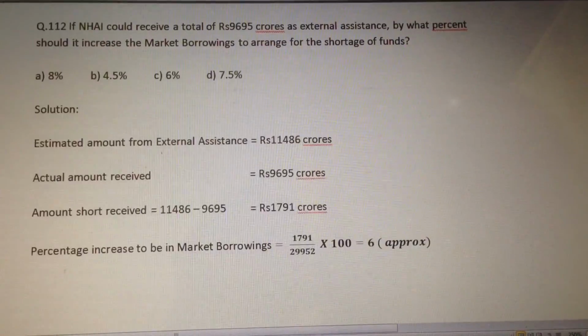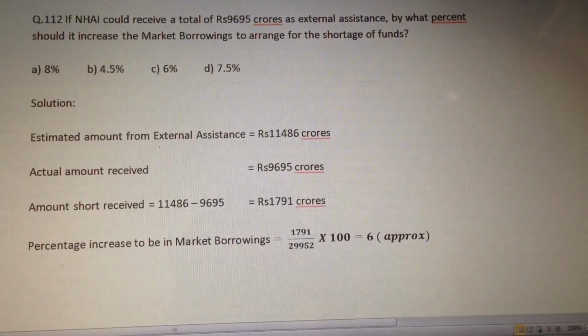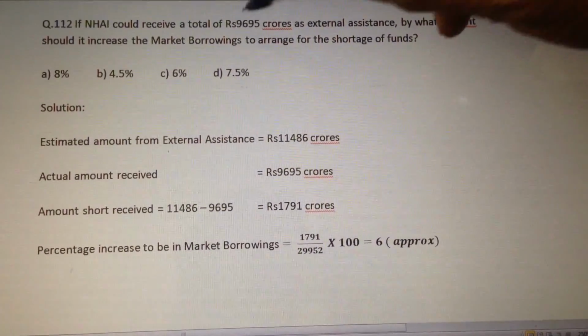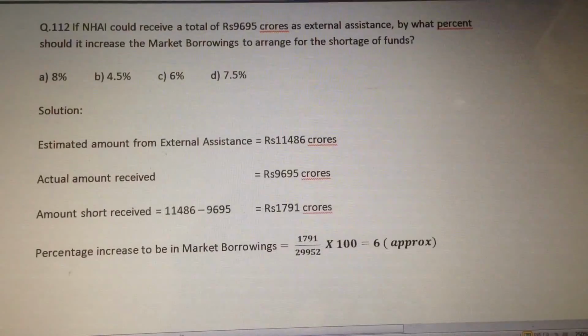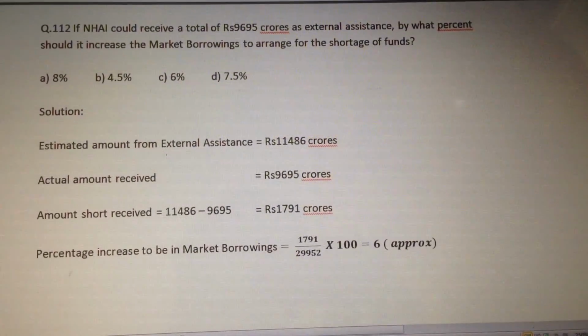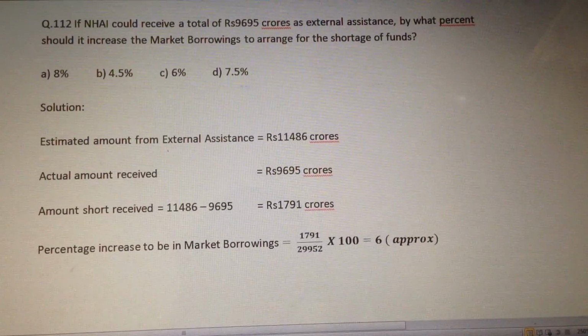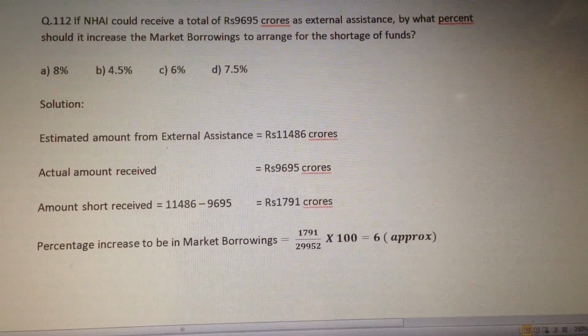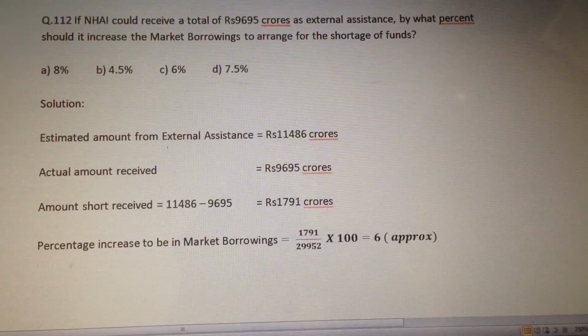Okay, question number 112. If National Highway Authority of India could receive a total of 9,695 crores as external assistance, by what percent should it increase the market borrowings to arrange for the shortage of funds?